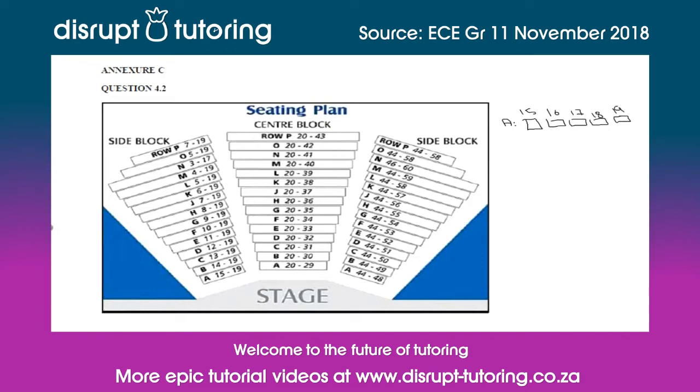So for row A, it's basically 19 minus the number it starts at, plus 1, because we have 1, 2, 3, 4, 5.